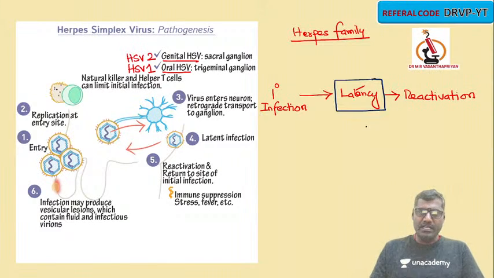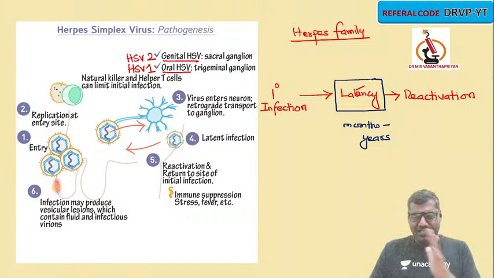Latency is a longer period, starting from months to years. Most of the time it will be years only, and months will be very rare. So years is the important period to remember for latency.